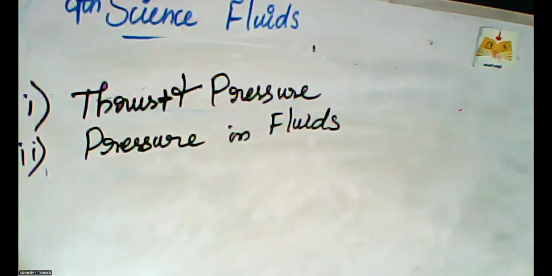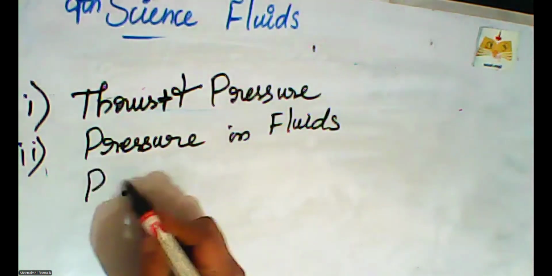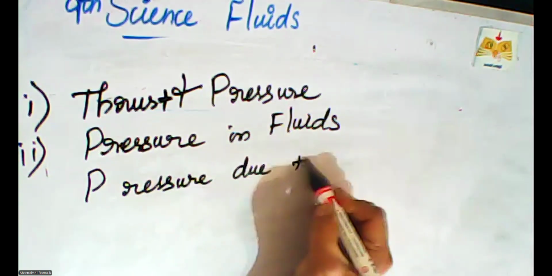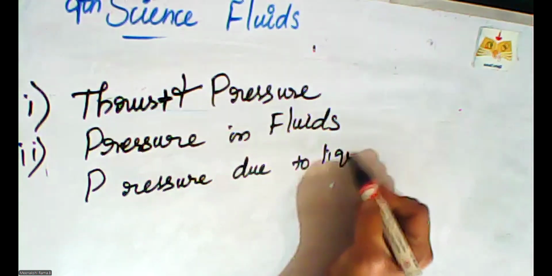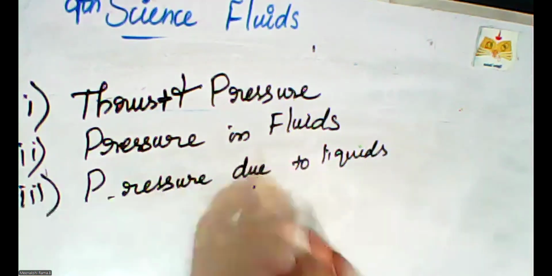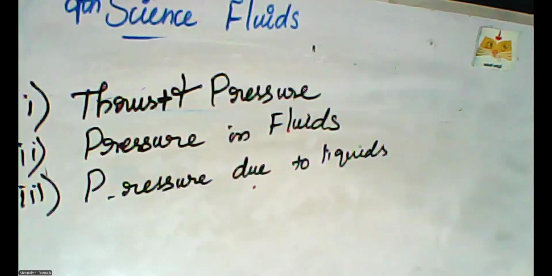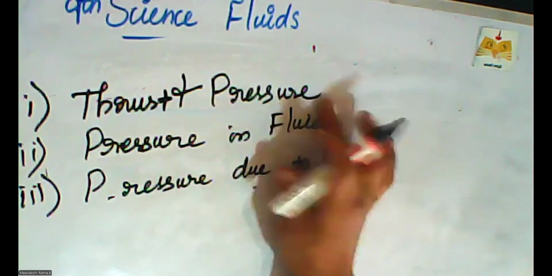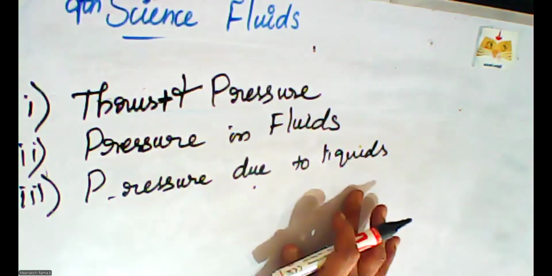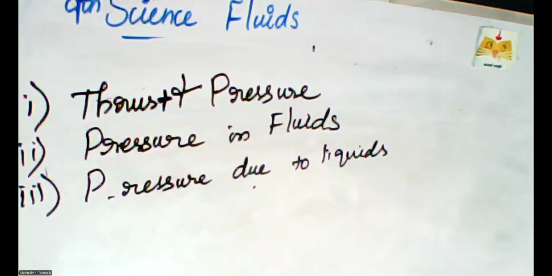The third concept is pressure due to liquids. Do you understand the third concept also? First I explained thrust and pressure, second pressure in fluids, third pressure due to liquids.